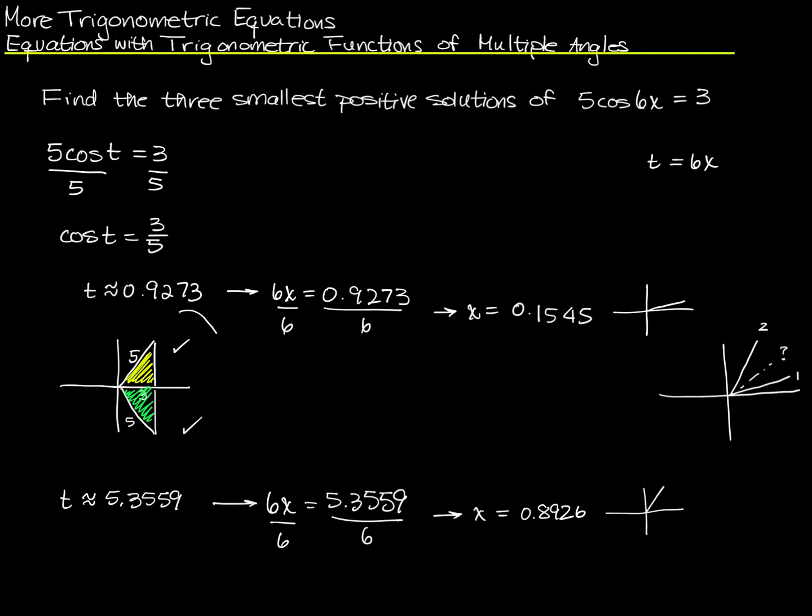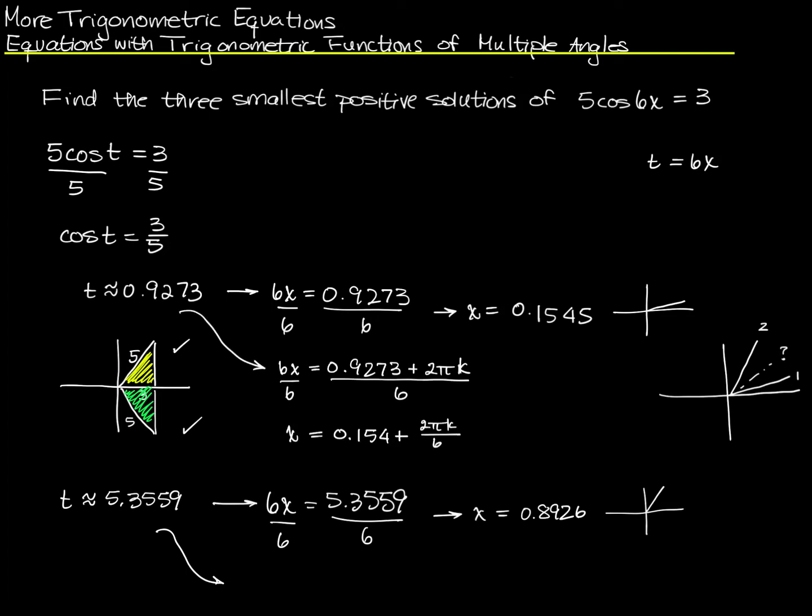I'll just do it here, and then I'll do this one down here as 6x equals 0.9273 plus 2 pi k. And then divide both sides by 6. I get x, which equals 0.9273 divided by 6. I got that already. That was 0.1545 plus 2 pi k over 6.